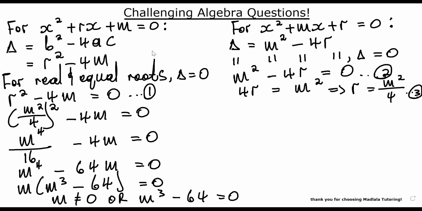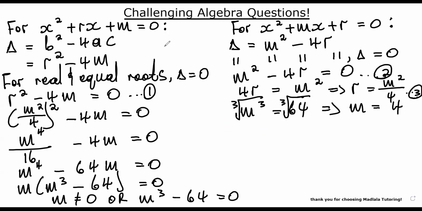Okay, fine. So this means our m cubed will be equal to 64. And after finding the cube root on both sides, we find that the value of m will just be equal to 4. Yes, the cube root of 64 is a solid 4.